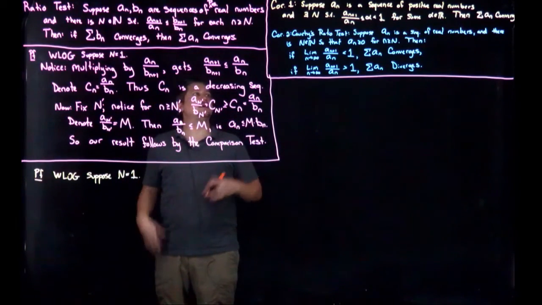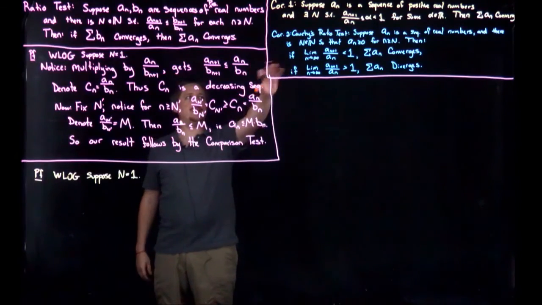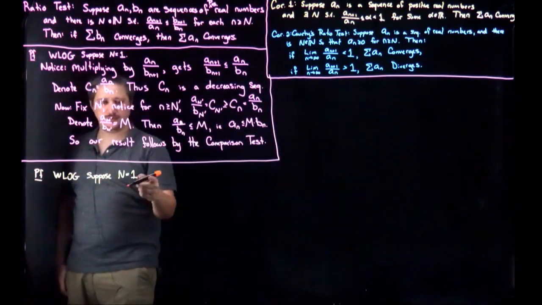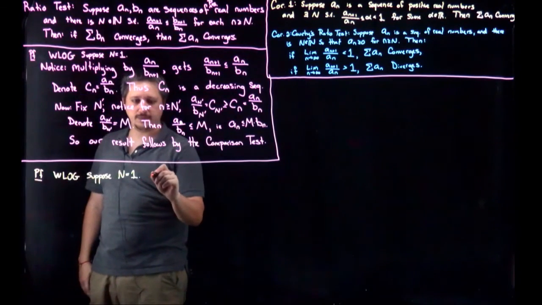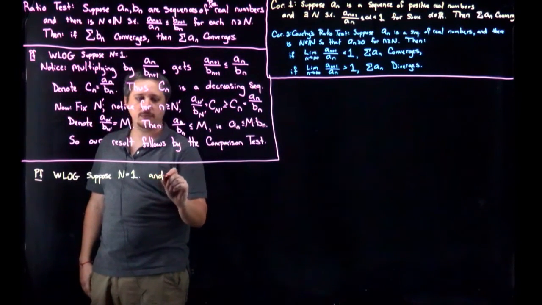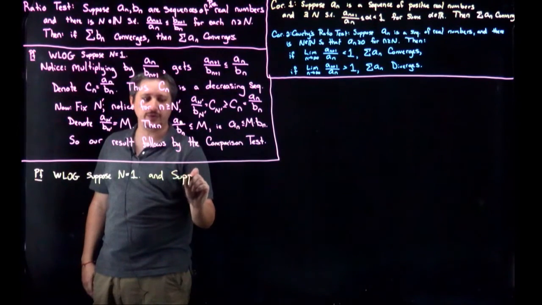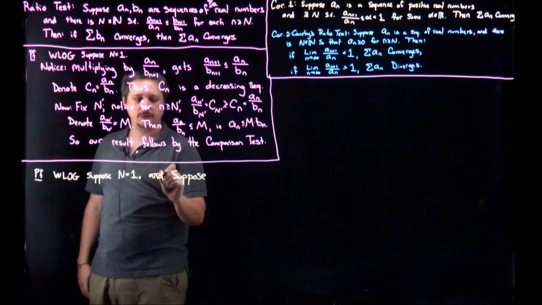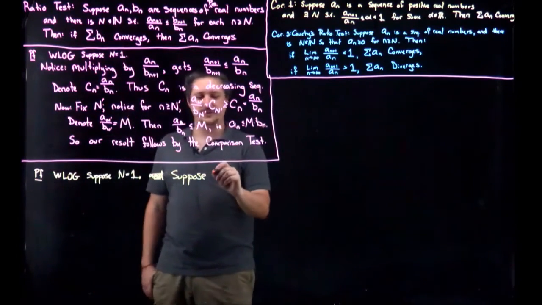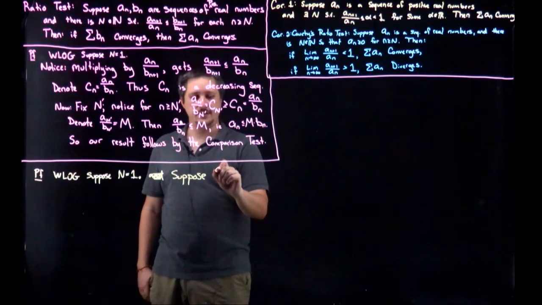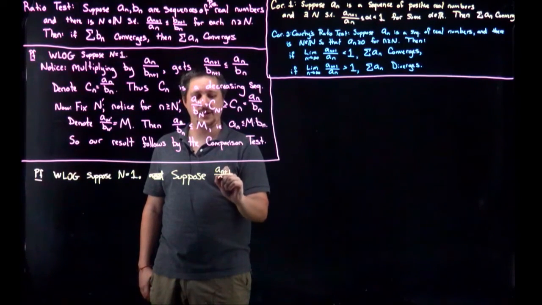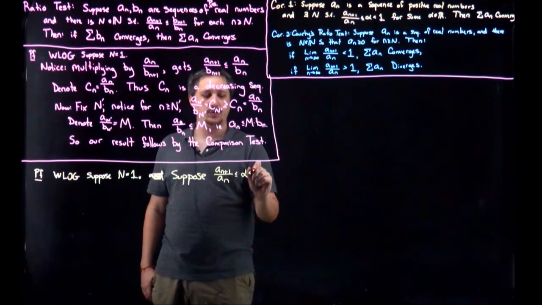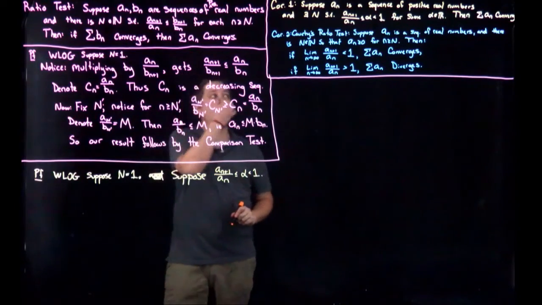Okay, so suppose I have such an an now. So suppose that, and suppose, so this isn't without loss of generality, this is just, so stop there, and now suppose this, then an plus 1 over an is indeed less than or equal to alpha less than 1, okay?